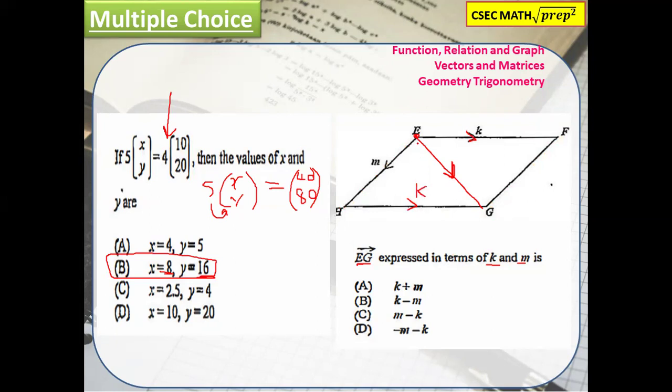Also, let's follow that if the arrow is going this way, then the vector M would be the same as going in that direction. They're similar, M. If we decide to come this way, right? So that would be vector M plus the vector K, and that would be A.